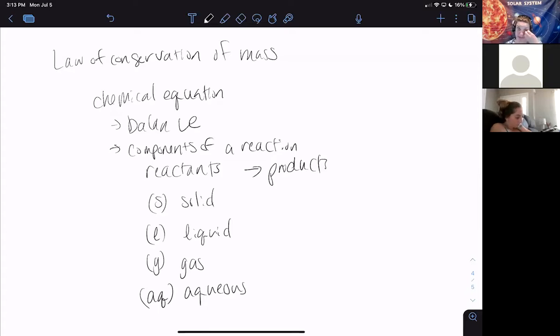So these are the different states you might see in a chemical equation. Aqueous specifically means dissolved in water. Right? So you should know if I give you a chemical equation, especially if it's a precipitation equation, you should be writing all the states if I wrote the states or told you to write the states.